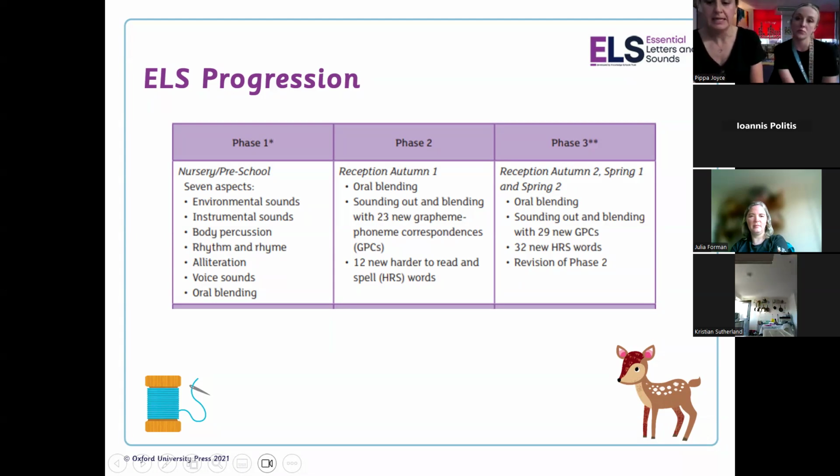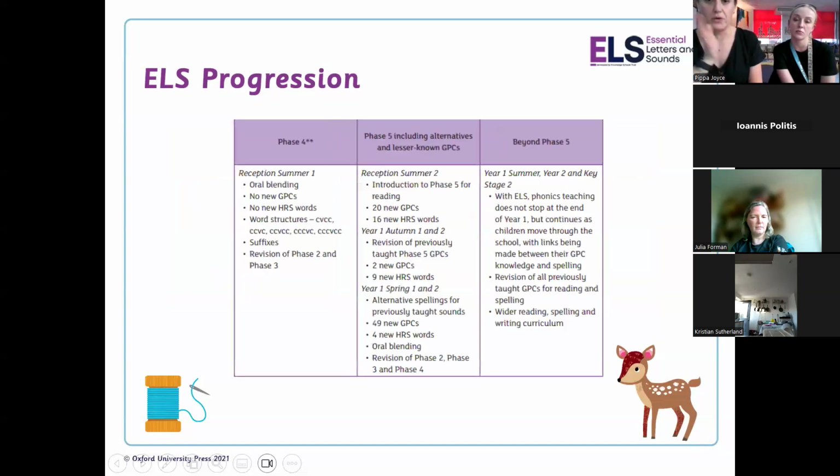Then we'll do phase three, and after phase three, phase four, phase five, we wait till year one, unless this year group are astounding, which they could be. We don't think it's appropriate to go on.